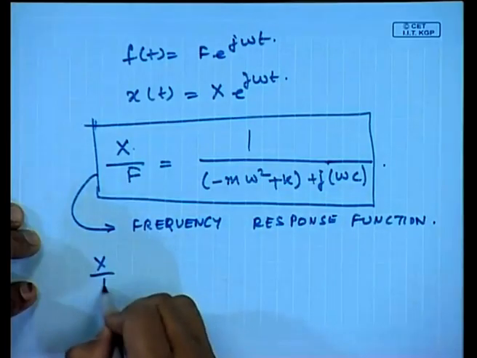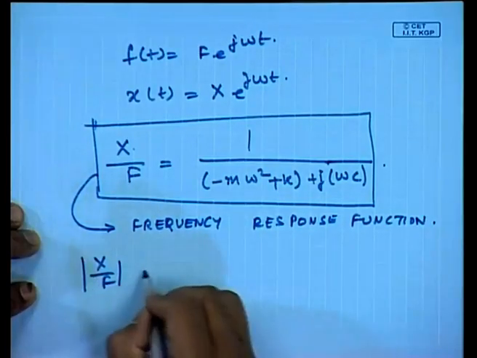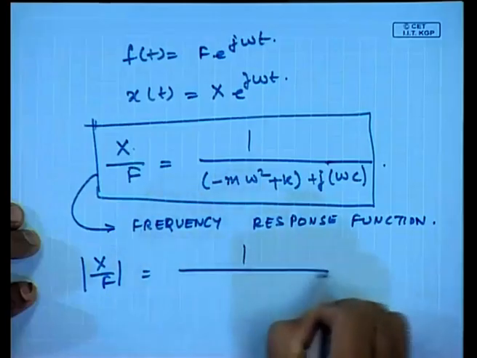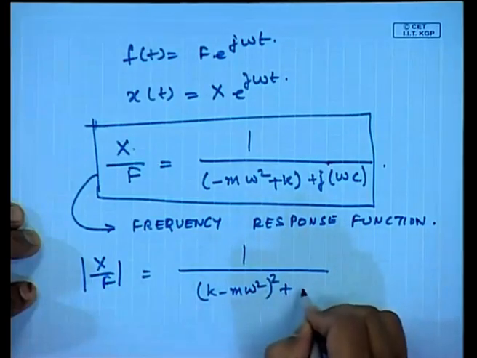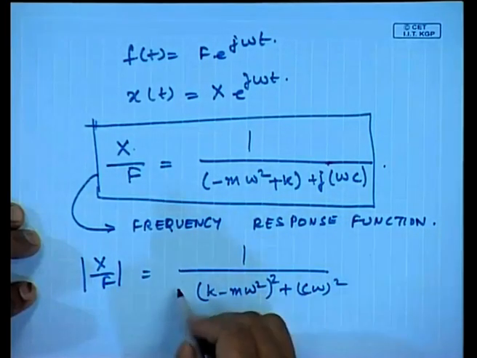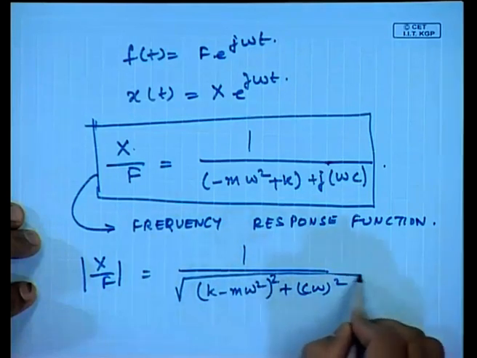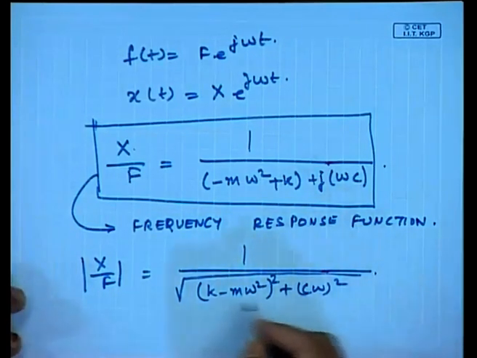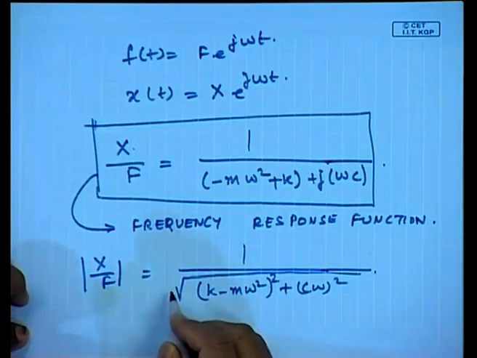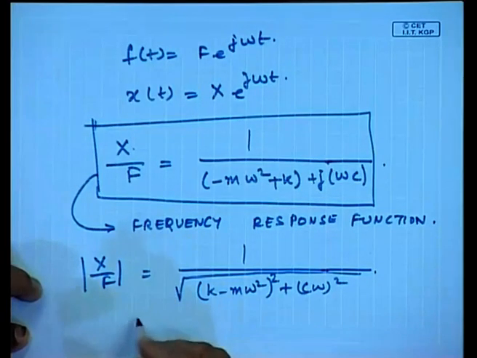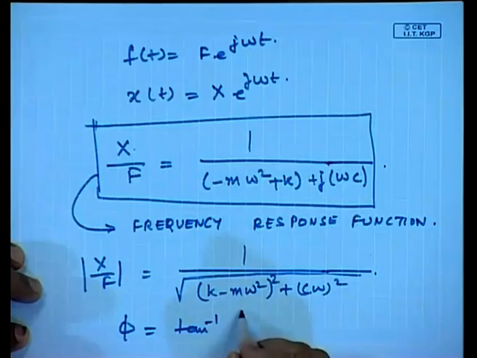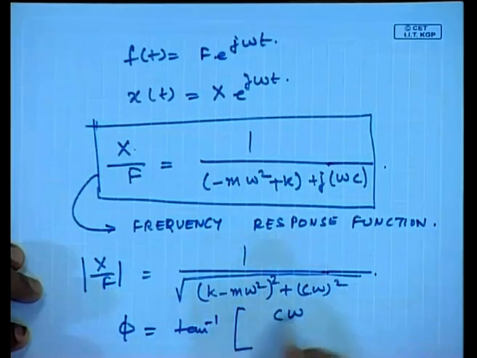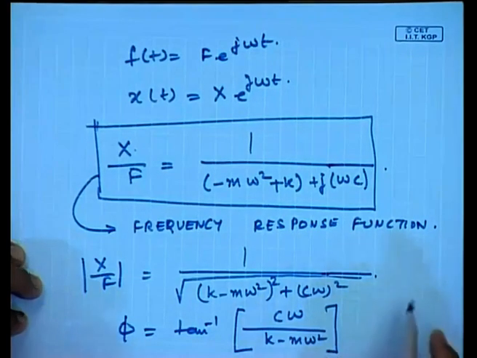And the magnitude X by F is given by 1 by the square root of k minus m omega square whole square plus c omega square. And there will be a phase difference between the response and the input, given by tan inverse of c omega by k minus m omega squared. Okay.